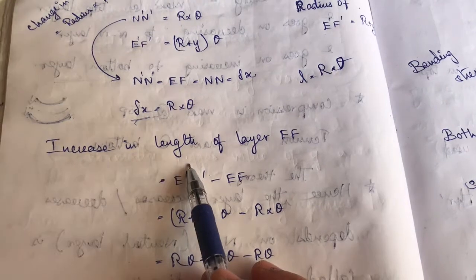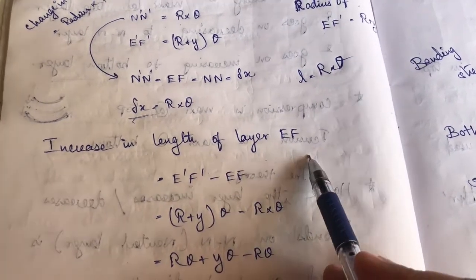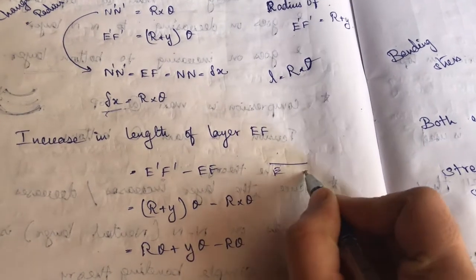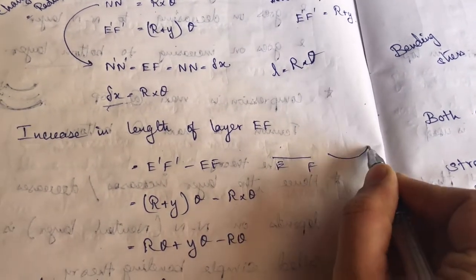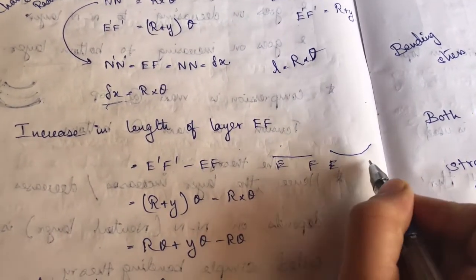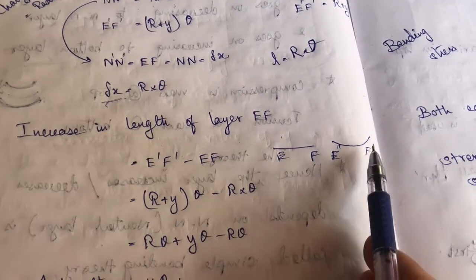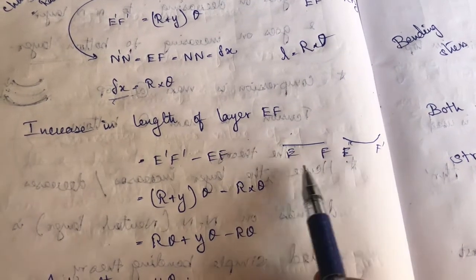Now the change in length, the increase in length of layer EF. There is an increase, right? This is the EF layer. It increases to E dash F dash. So the increase in length will be equal to E dash F dash minus EF.